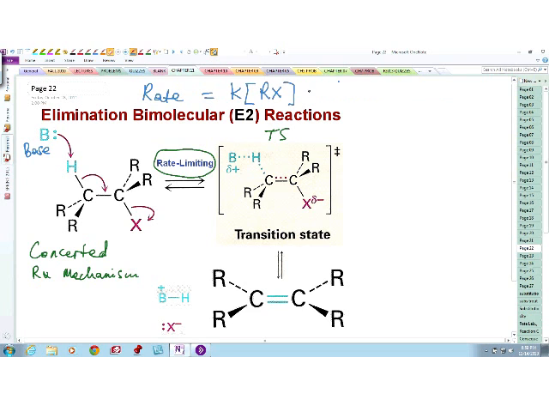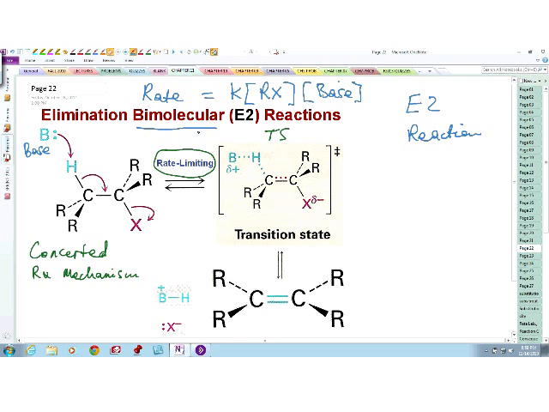use X for substrate and concentration of the base. So therefore we refer to this as an E2 reaction. And that is where the bimolecular comes from.